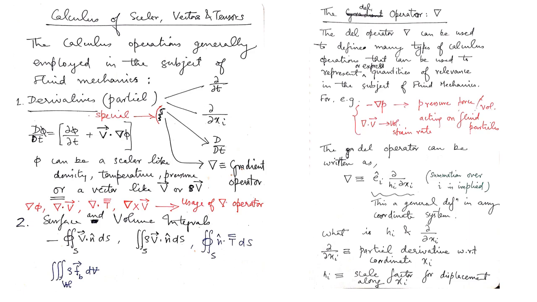For example, minus grad P, or minus del P, gives you the pressure force per unit volume acting on fluid particles. This we have already seen in our second year course on fluid mechanics. And we have already derived the volumetric strain rate, right?